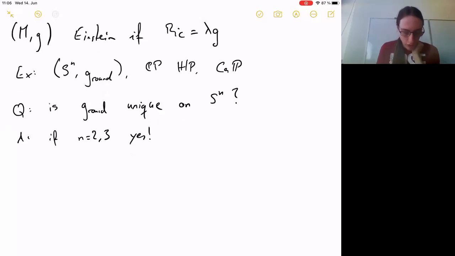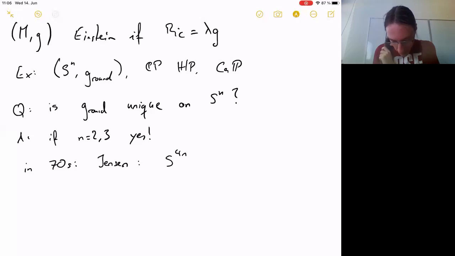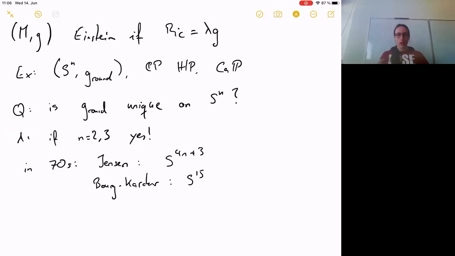The first non-round Einstein metrics were found in the 70s by Jensen and Böhm. Jensen found a metric on S^{4n+3} for all n at least 1, and Böhm on S^15, which are Einstein, not round, and homogeneous.